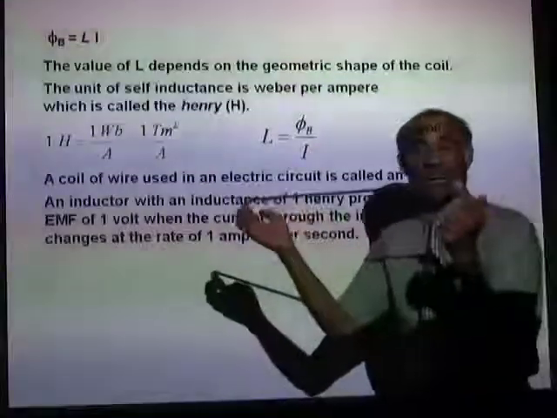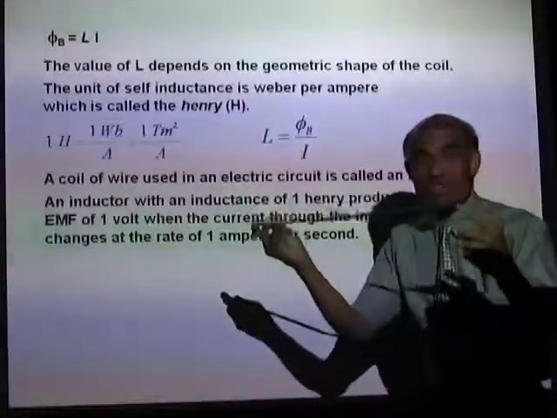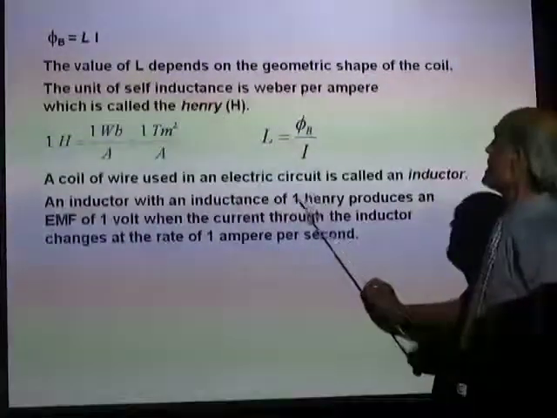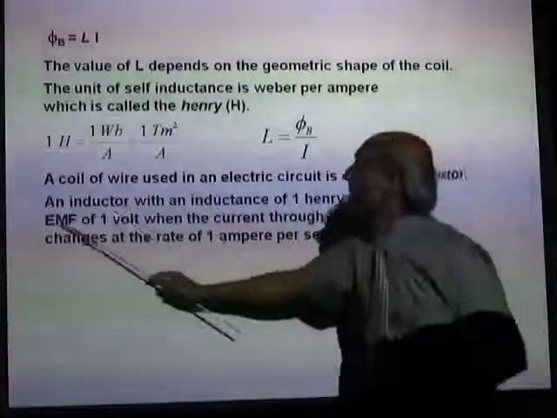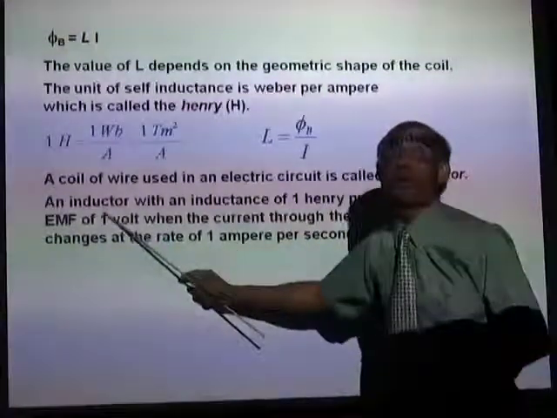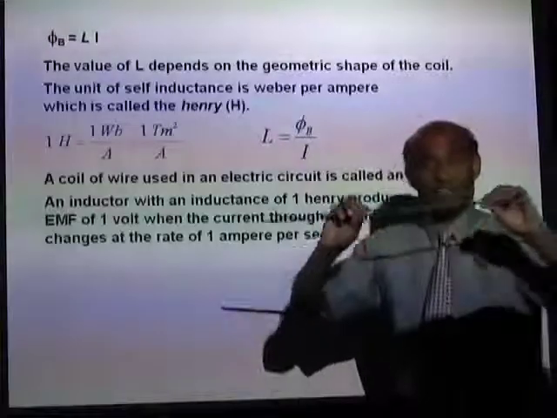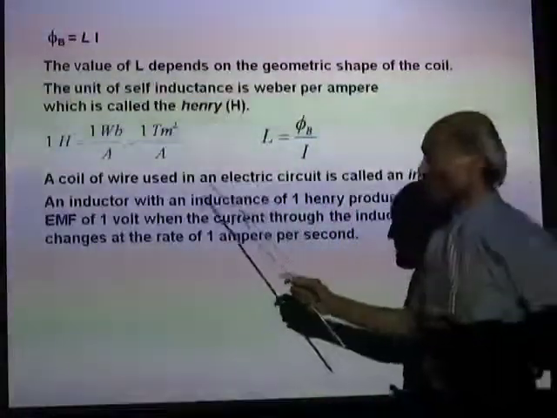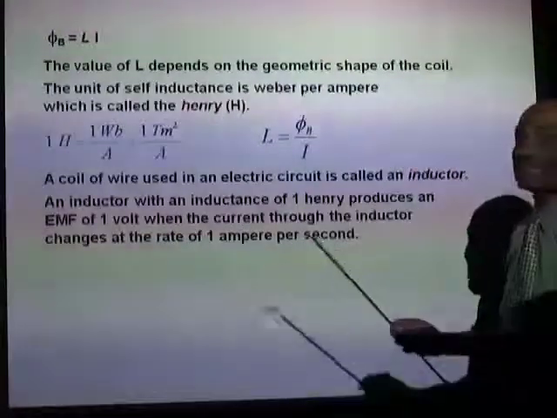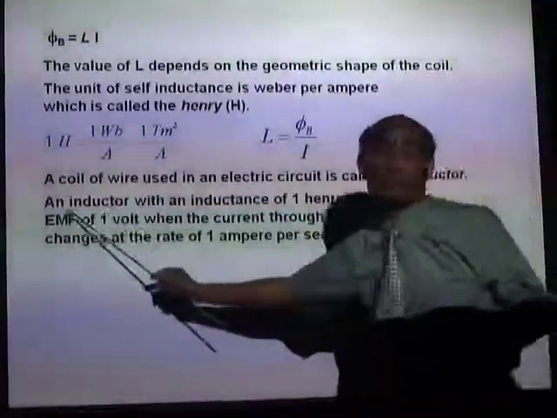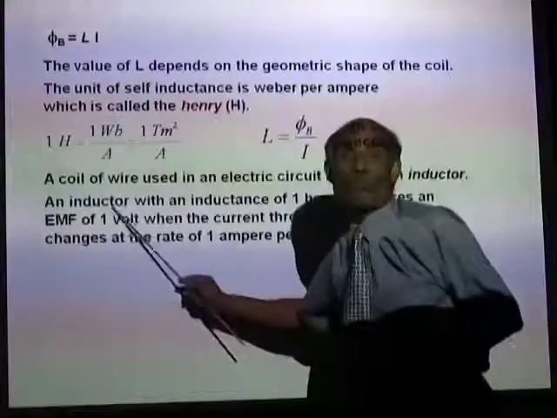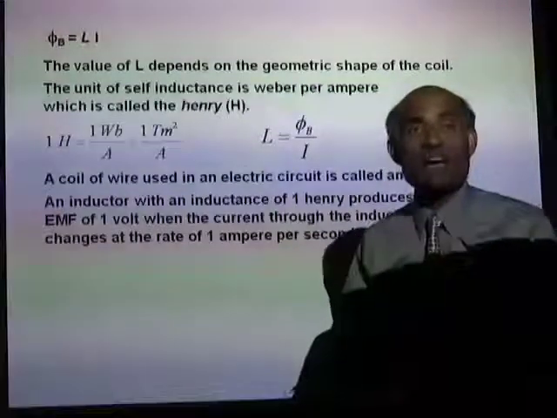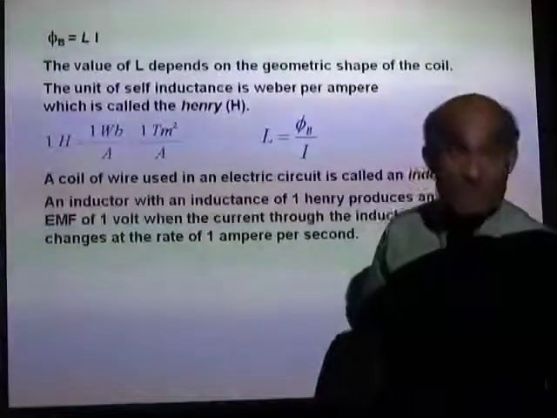Now, if I allow a current to change in this conductor at the rate of 1 ampere per second, and if the induced EMF is 1 volt, then the self-inductance of that coil will be 1 Henry. That's what it means. So one more time, an inductor with an inductance of 1 Henry produces an induced EMF of 1 volt when the current in it changes at the rate of 1 ampere per second.